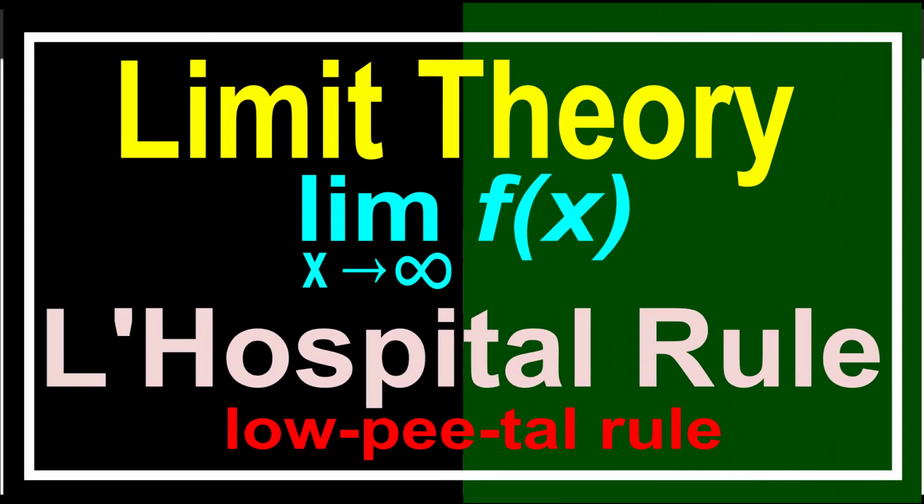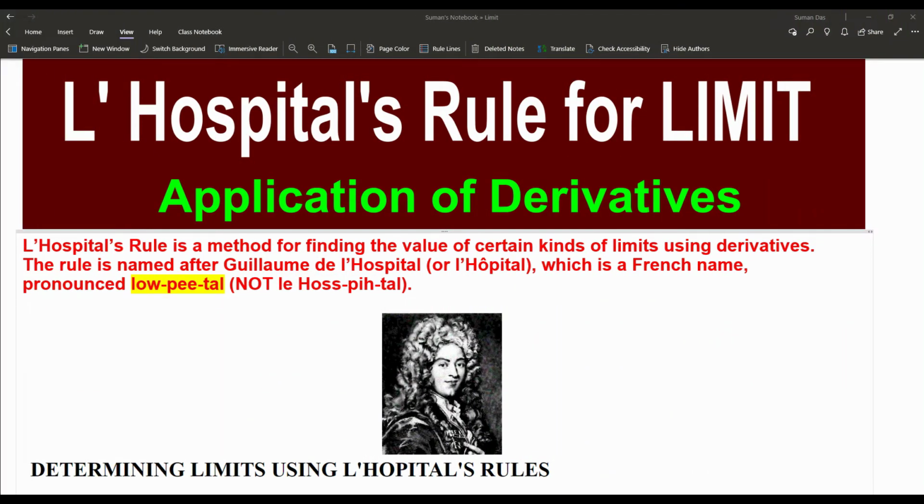Hello friends, today we are going to discuss a very interesting method known as L'Hopital's rule for limits, to evaluate limit functions. L'Hopital's rule is an application of the derivatives. It is a method for finding the value of certain kinds of limits using derivatives.